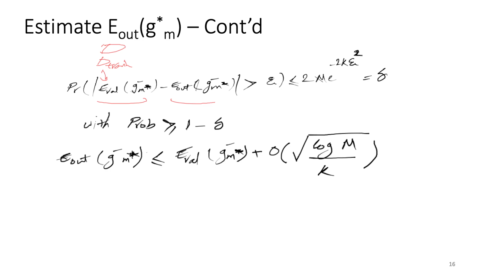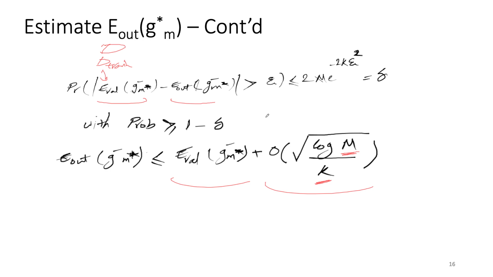And finally, we can say with probability of above 1 minus delta, which was your confidence level, with this confidence level, we can say the out of sample error of g minus m star is always smaller or equal than the validation error plus an order term that depends on your M and your K, right?